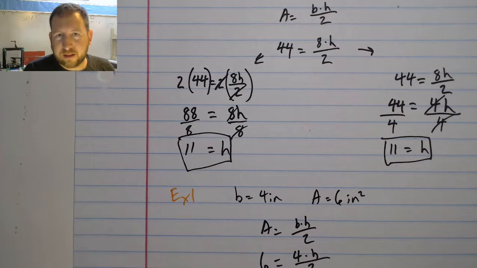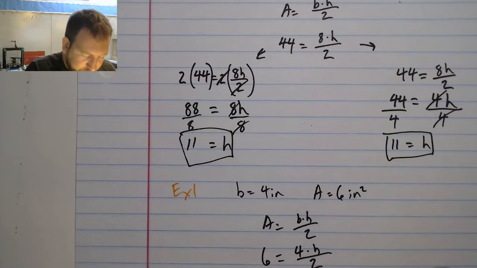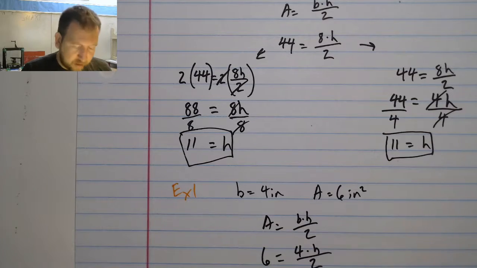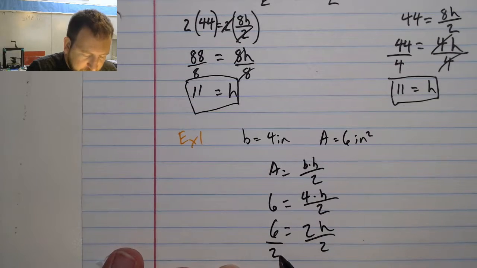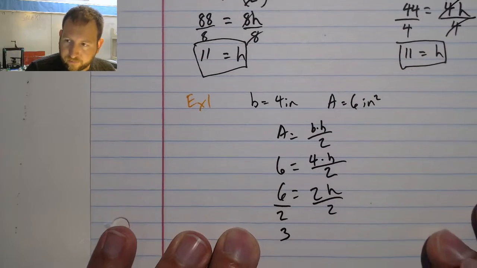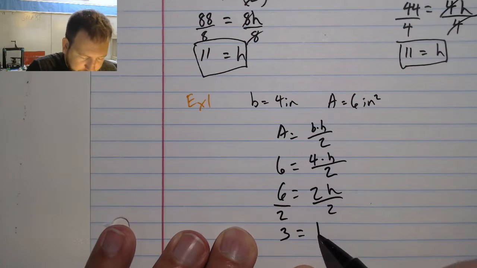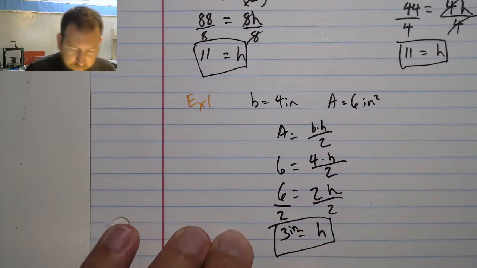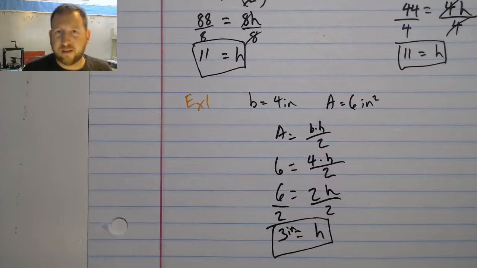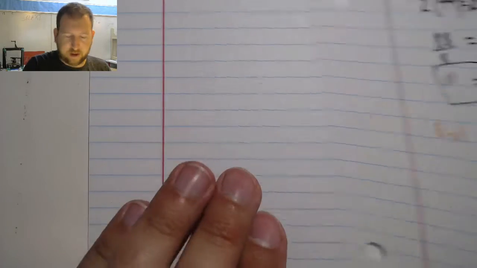I feel like simplifying first is a little bit easier for me. I'm going to do 6 equals 2h, because 4 divided by 2 is 2, right? Then I'm going to divide both sides by 2, and that gives me 3 equals h. In this case, 3 inches. Got it? I'll do one more because they're kind of fun.